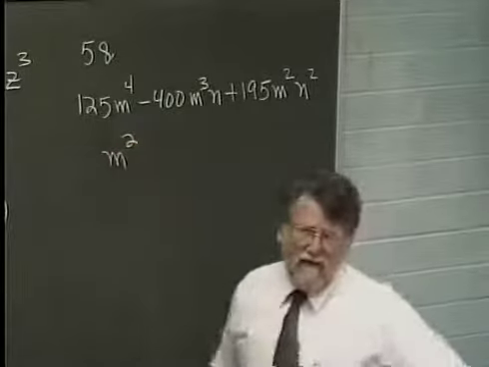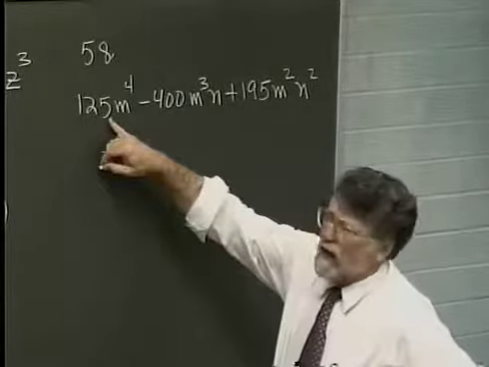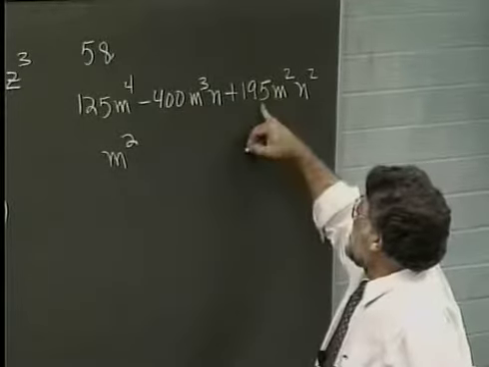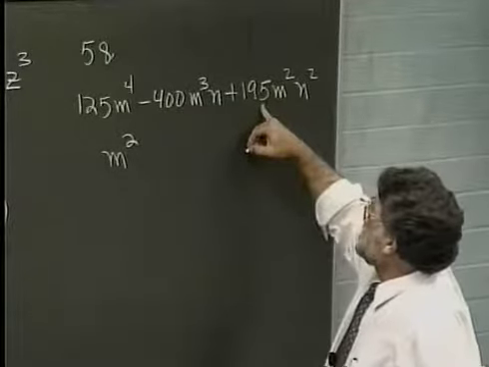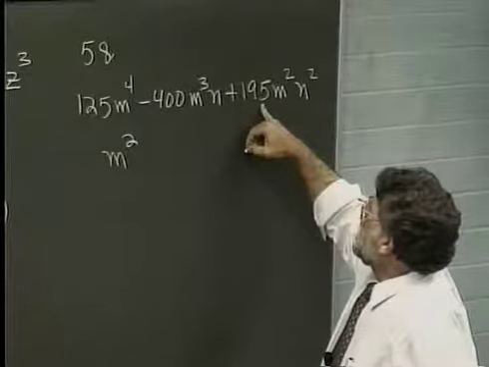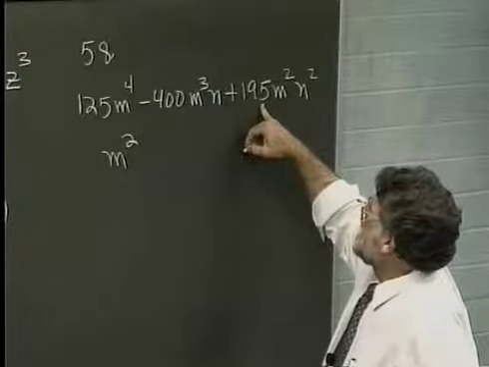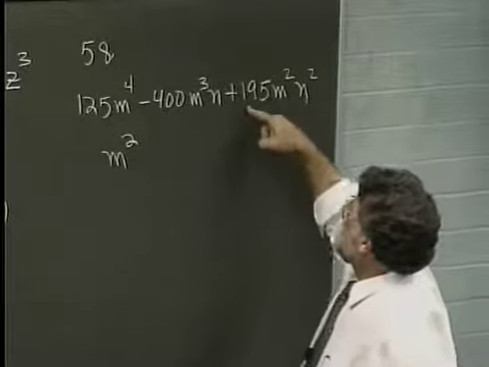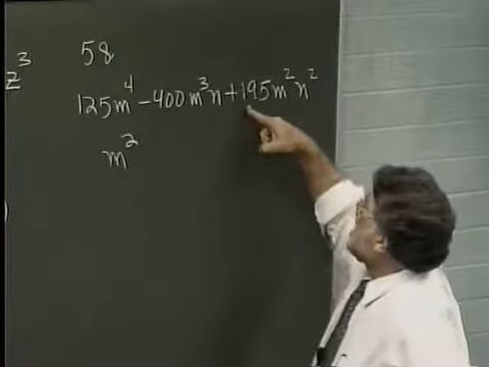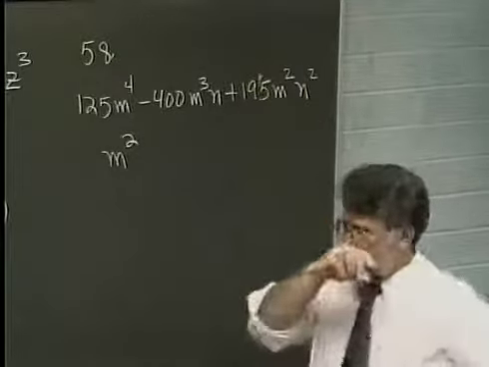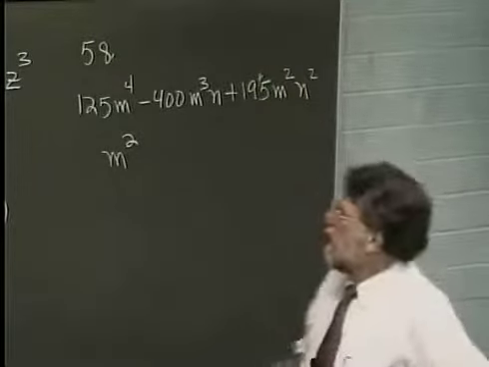Now I think it's clear there's a 5 in every term. So I have 25 times 5 here, 5 times 80 here. The 5 here is going to go into that. We have 39.